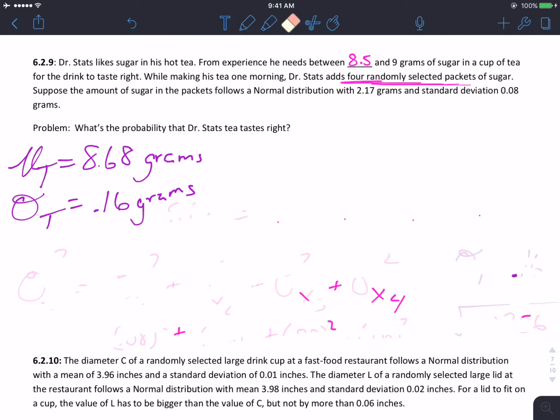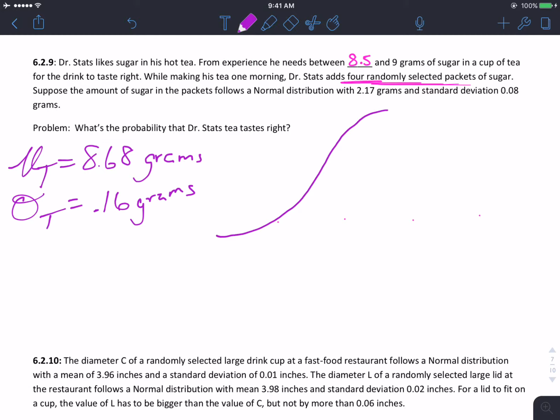So this is what we're dealing with right now. We need to know whether it's in between 8.5 and 9. I'm going to draw my normal curve, because since one packet is normal and we're adding, whenever you add things together it's still going to be normal. If you have 4 packets of normal, you add 4, the curve stays normal.